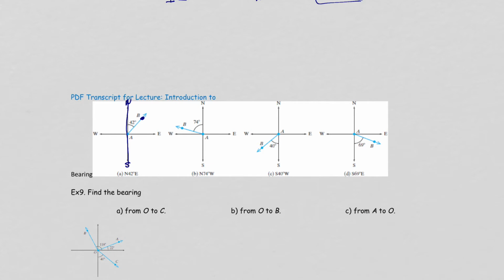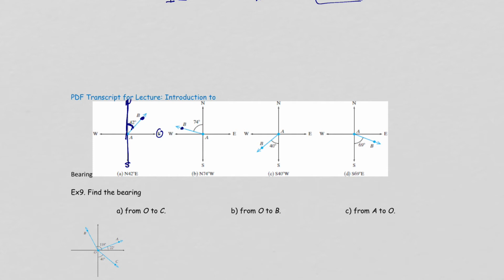So this point right here gives you an angle from the north of 42 degrees. So it will be north 42 toward which direction? East. So north 42 east is the way that you call that direction.